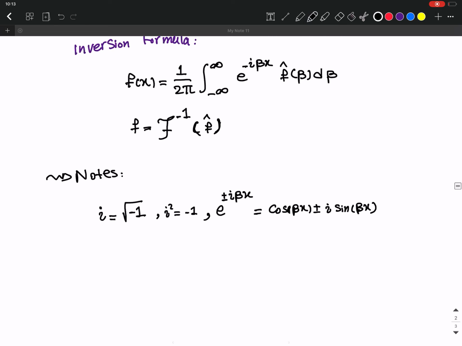And now I want to talk about some properties of the Fourier transform.